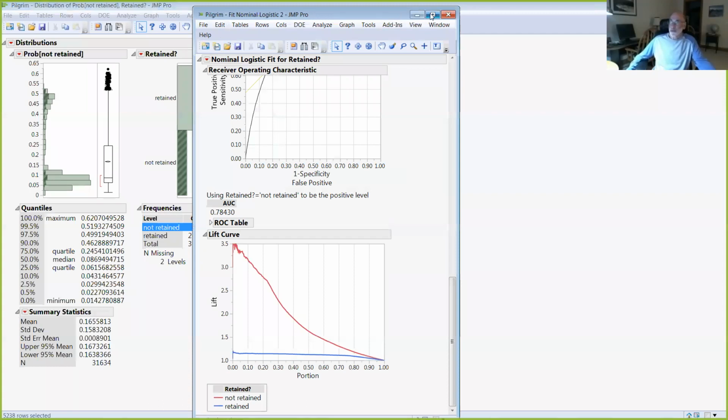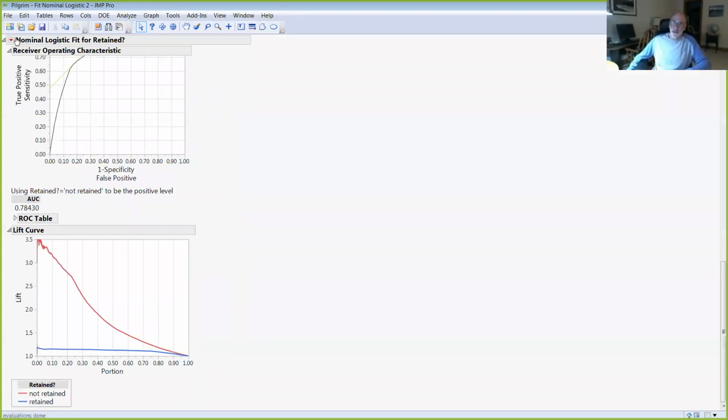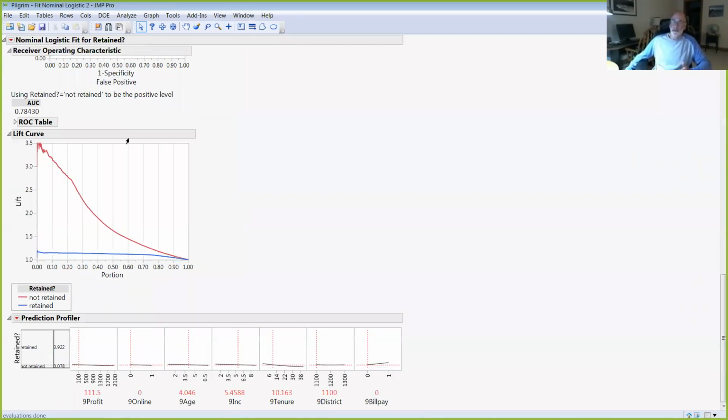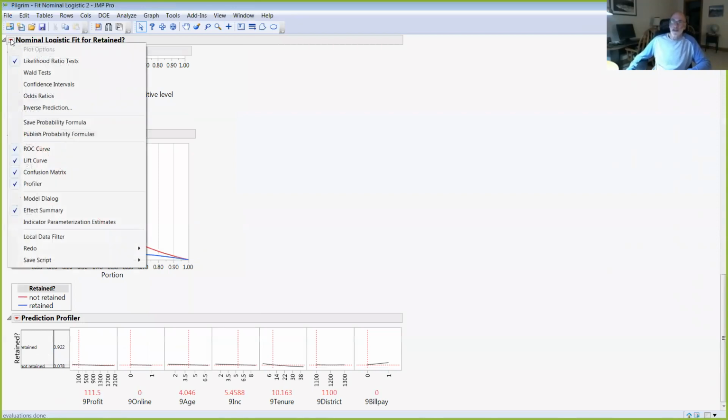So you do get the full array of tools that we looked at up to now. You do get profiler, so you can use a profiler to investigate the results.